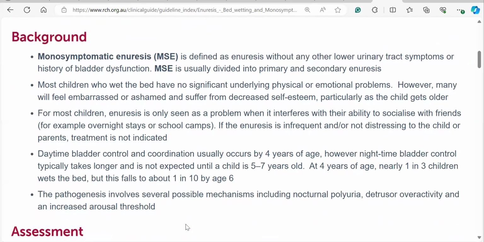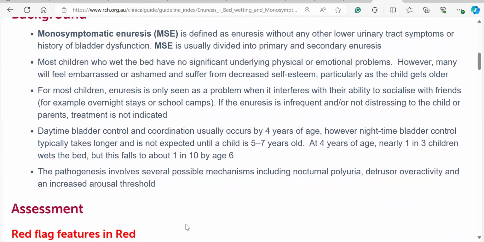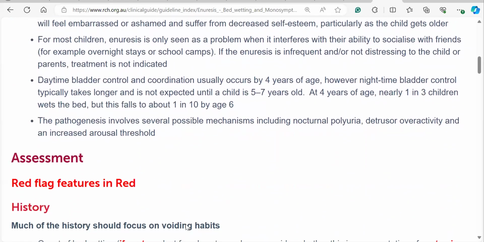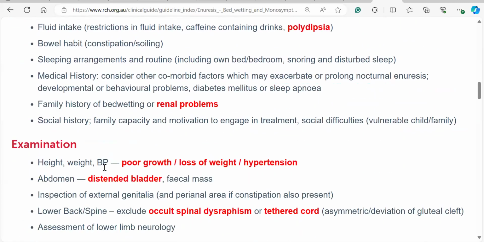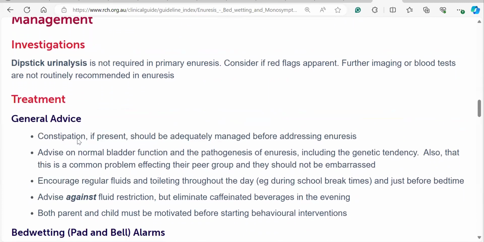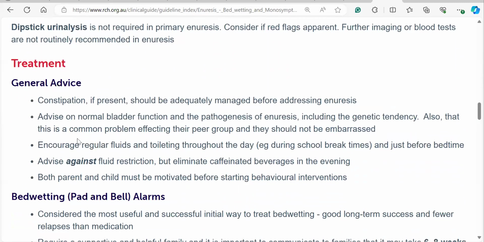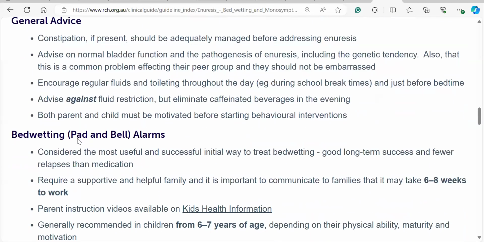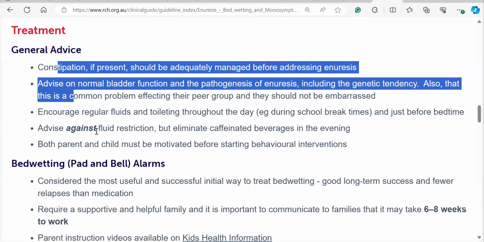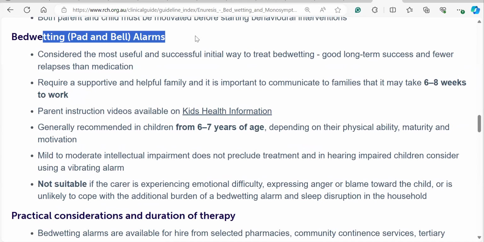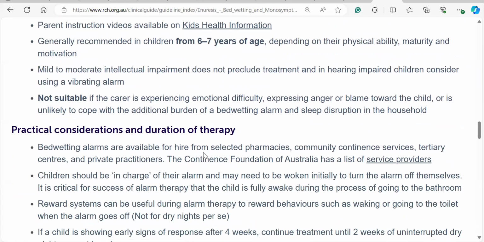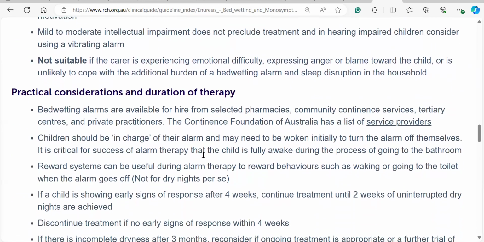You go through the history a little bit and go through the general advice. Bed alarm is recommended in children from 6 to 7 years old, and it takes at least 12 weeks to work.